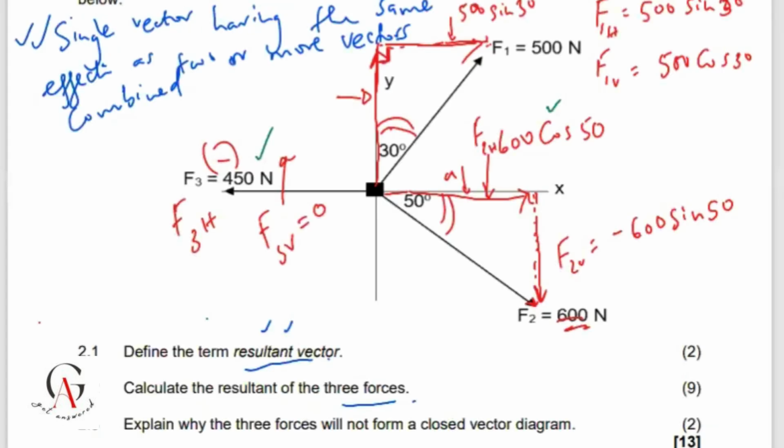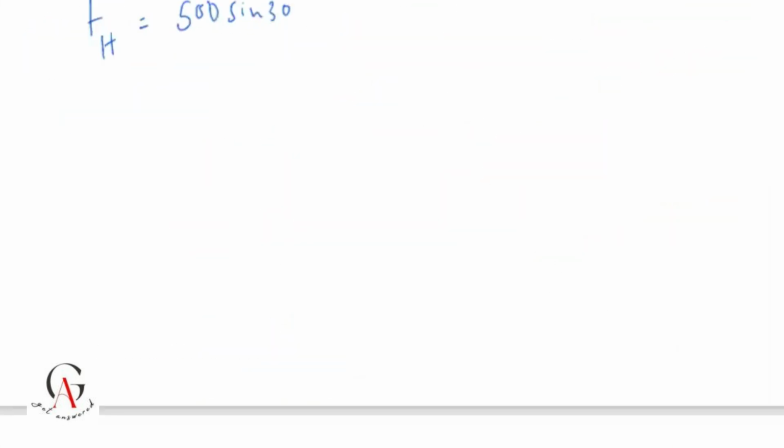So we say F horizontal is 500 sine of 30, 600 cos of 50, and then we're subtracting the 450. Can punch this into our calculator.